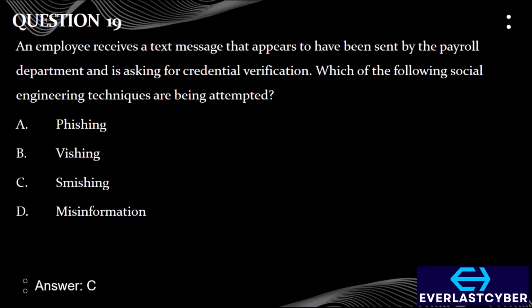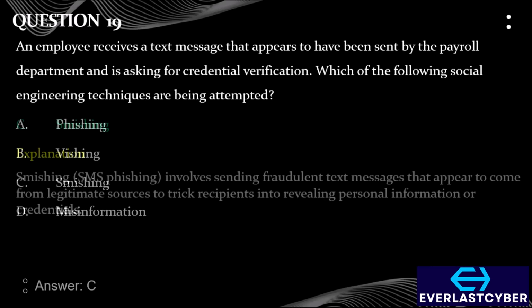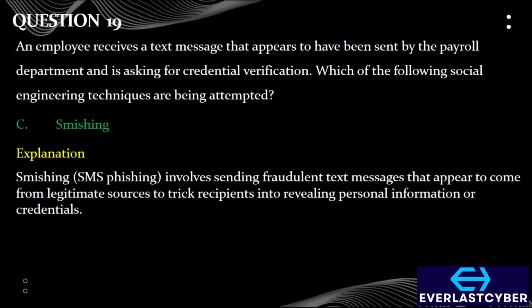A smishing attack involves sending fraudulent text messages that appear to come from a legitimate source in order to trick the recipient into revealing personal information or credentials. This is quite different from a phishing attempt, and this is also different from a vishing attempt.